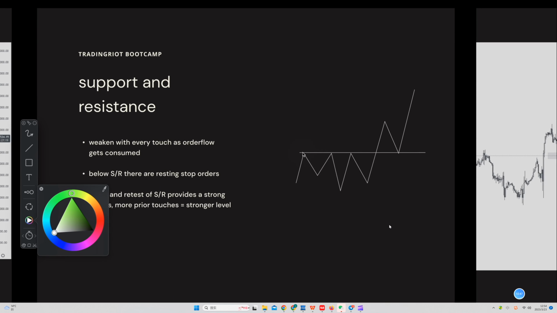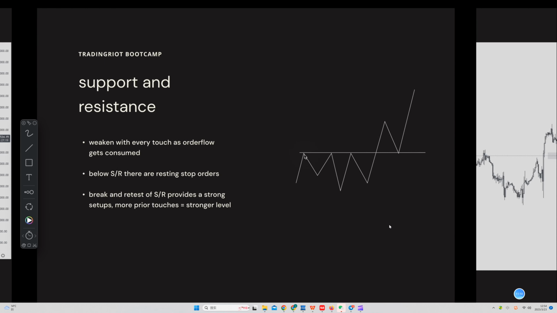So you have people wanting to sell at this resistance, they will get filled some, gonna sell again here, there are no orders left here, market will essentially break the level. Below and also above, there are also stop orders from traders who are anticipating breakouts.